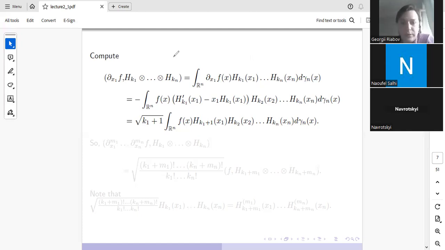But last time we proved that h_k prime coincides with x h_k(x) minus root of (k plus 1) h_{k+1}.